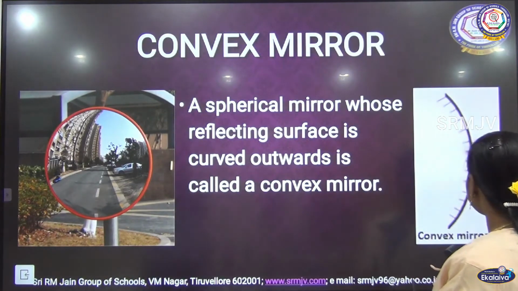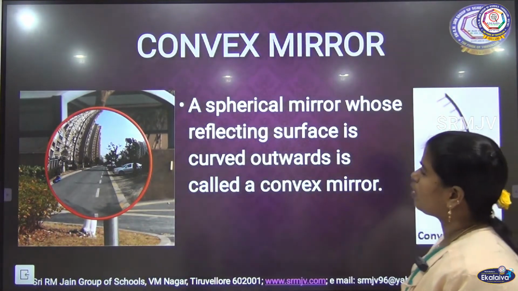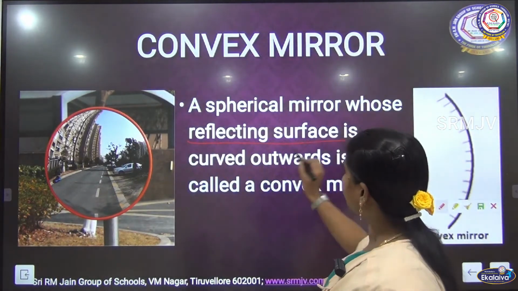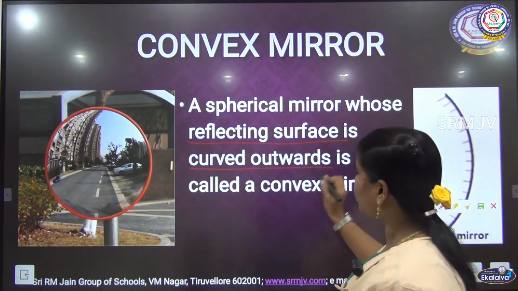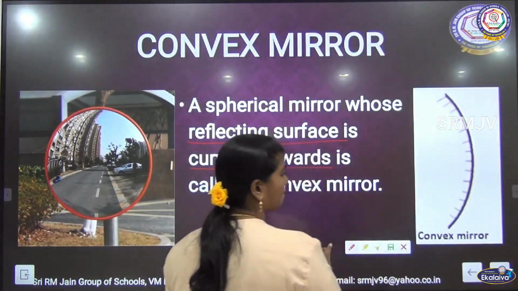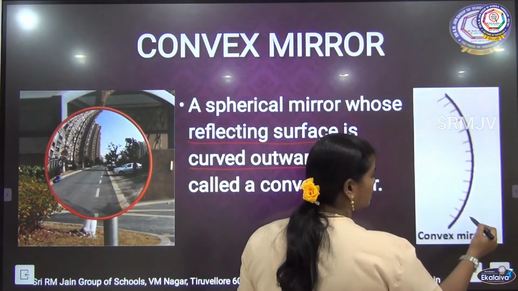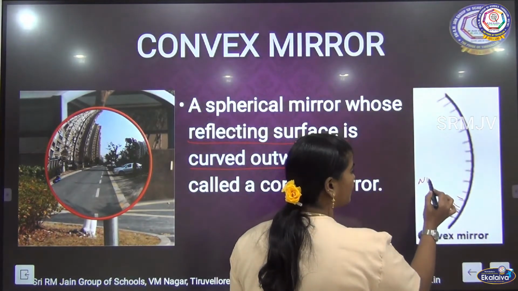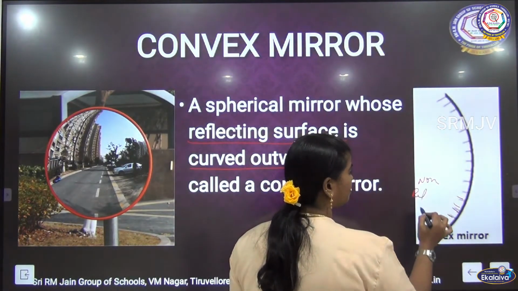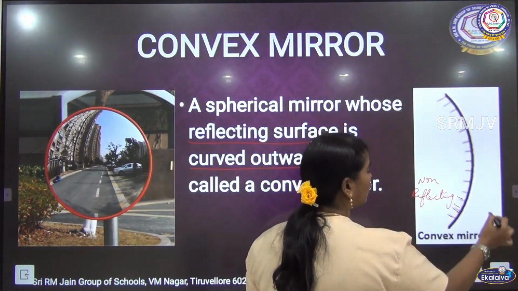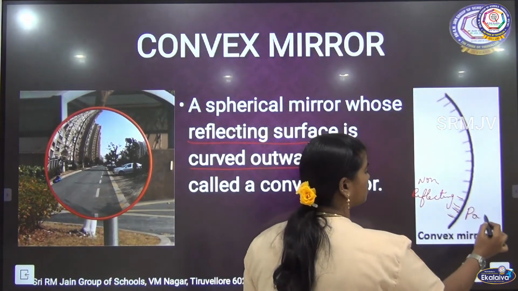Next is the convex mirror. A convex mirror is a spherical mirror whose reflecting surface is curved outward. You can see it in this picture. These lines indicate the non-reflecting surface, and this one is the polished surface.